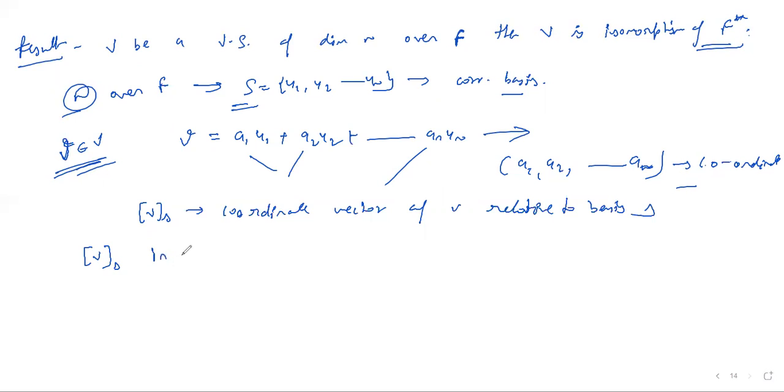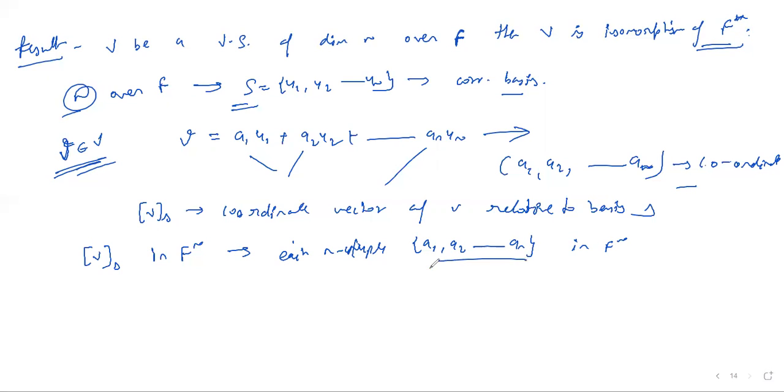We denote the coordinate vector in F to the power n like this. Each n-tuple a1, a2 to an in F^n corresponds to a unique vector.